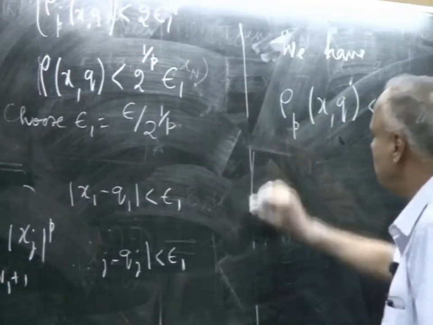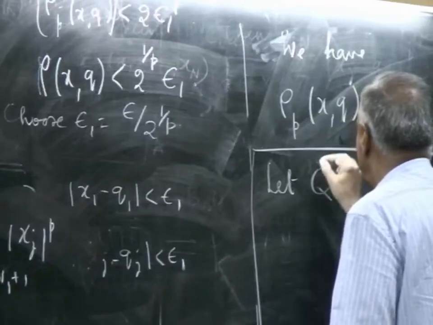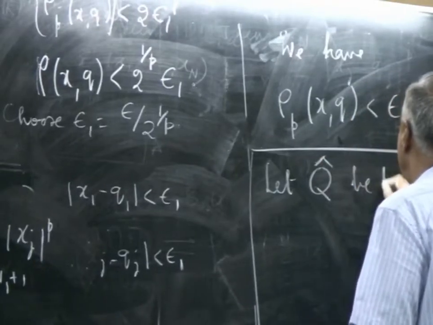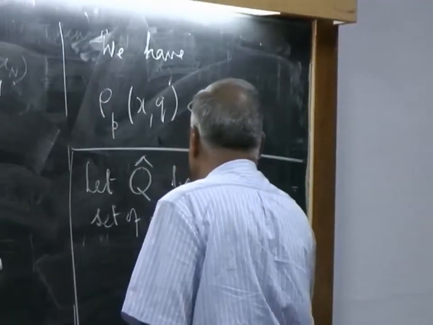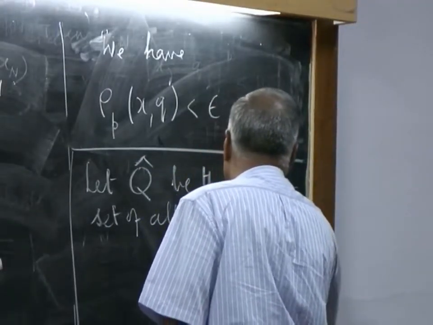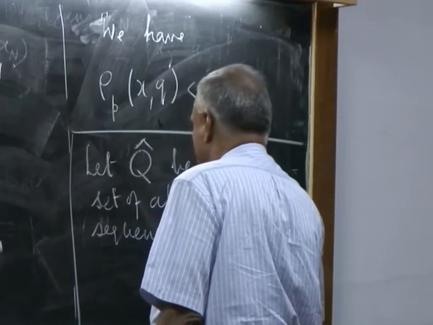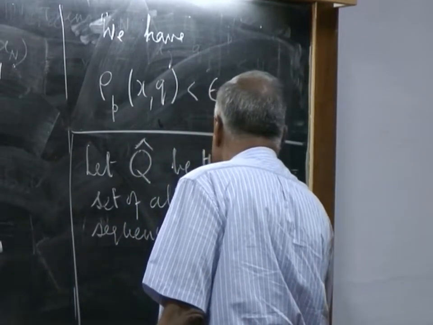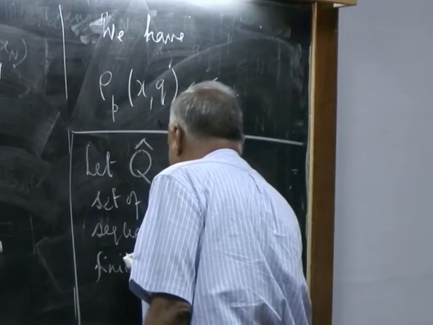So let q hat be the set of all rational sequences all but a finite number of whose terms are 0.